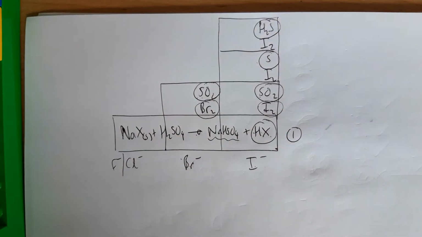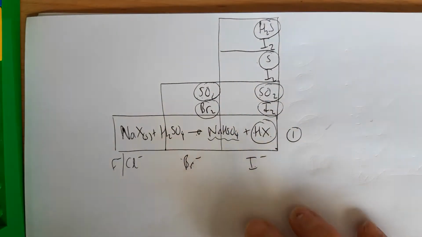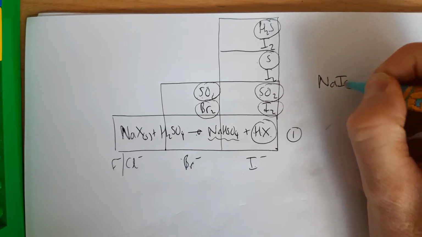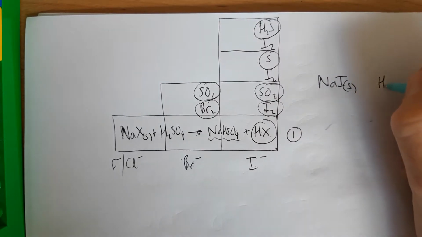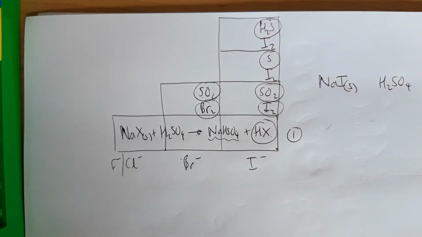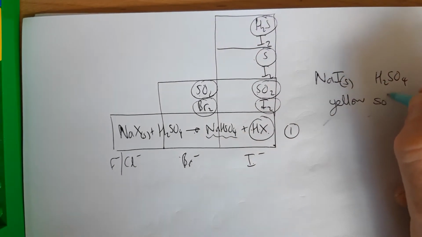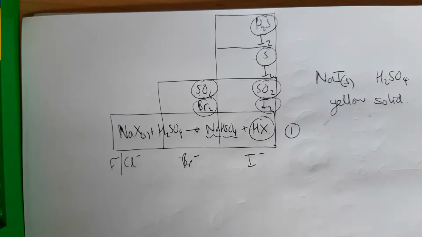I'm just going to do an example now of what a question might say. The question might say, when solid sodium iodide is reacted with concentrated H2SO4, a yellow solid is produced. Write an equation for this. Okay, you follow that question?